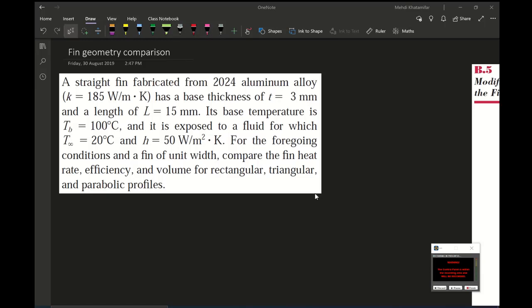Hello class, let's compare three different fin geometries with the given material and information. It is going to be aluminum alloy.